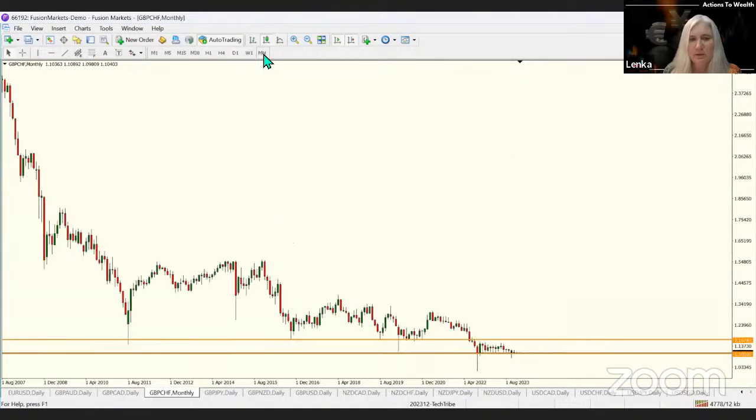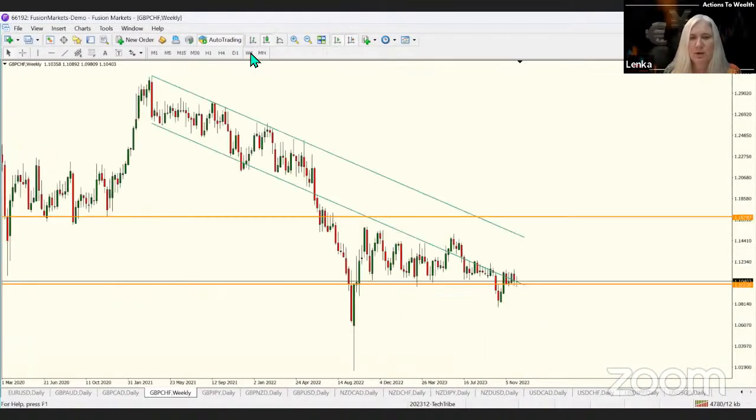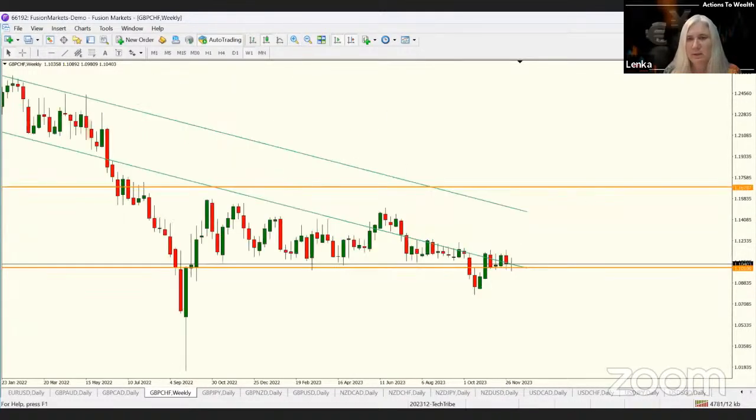So here, looking for short, we are right at the bottom of the previous price action there on the monthly. So not ideal. However, on the weekly, we had a false break there, tried to go higher, but fell through, didn't continue higher, and now we're in this range, this price range going sideways.